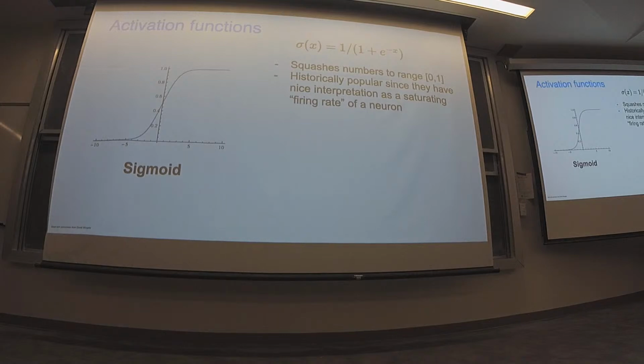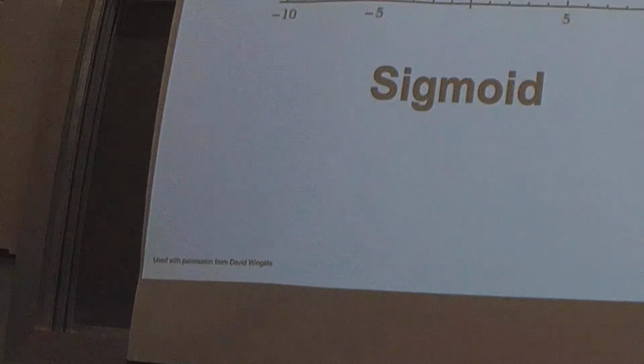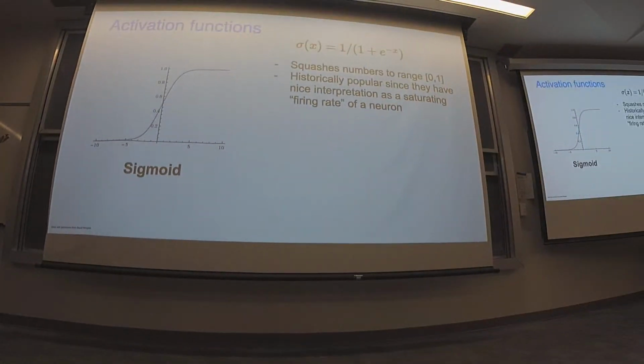And kind of historically, neural networks have been around for quite some time. And for historical reasons, I guess, the sigmoid function is one of the original nonlinearities used.